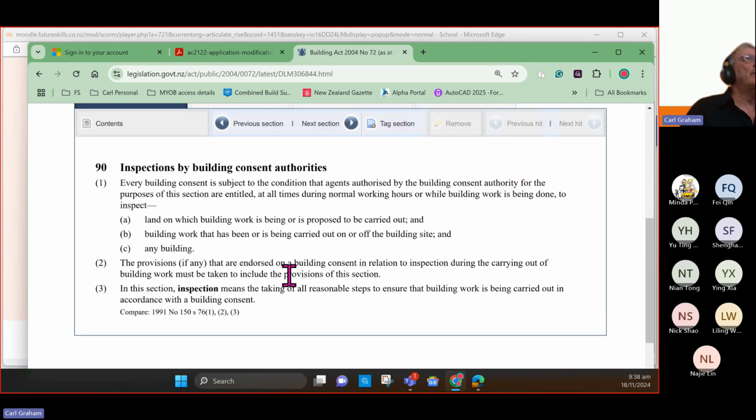There was a period of time, and there's actually a paragraph 4 that doesn't exist in the current legislation, but it does exist under the Building Amendment Act of 2013, which hasn't been introduced. Okay. And it says essentially the process of inspection does not necessarily mean that someone has to do a site visit, something like that.